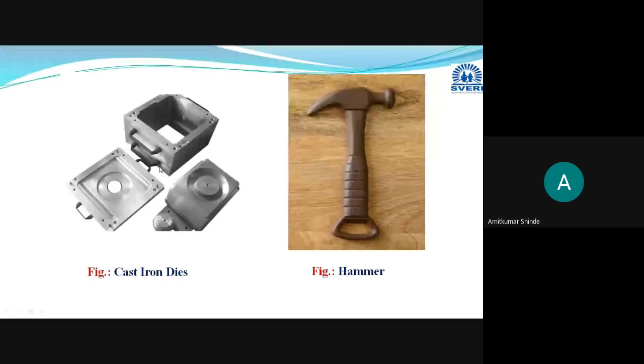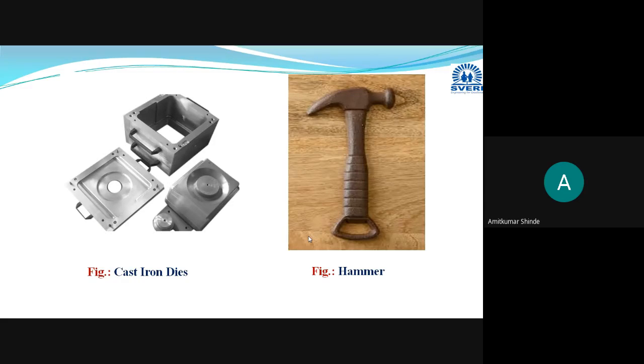These dies are also manufactured with chilled cast iron. Then different types of hammers are there, and these hammers are also manufactured with chilled cast iron. So these are a few applications of chilled cast iron.